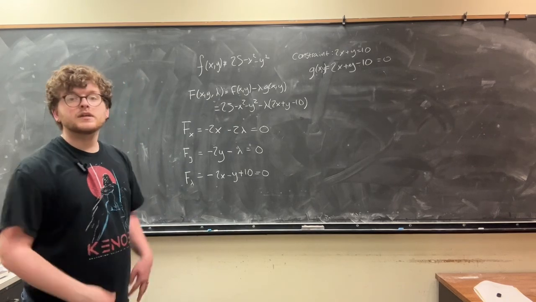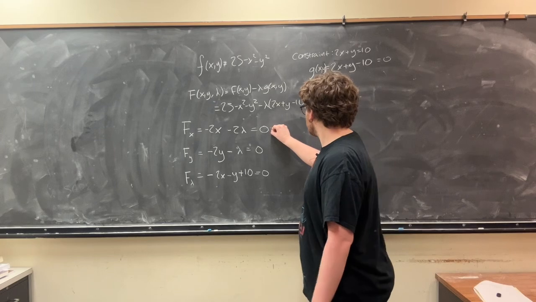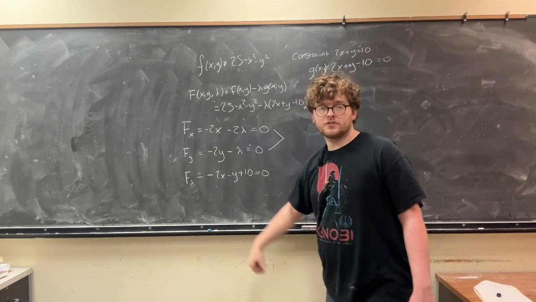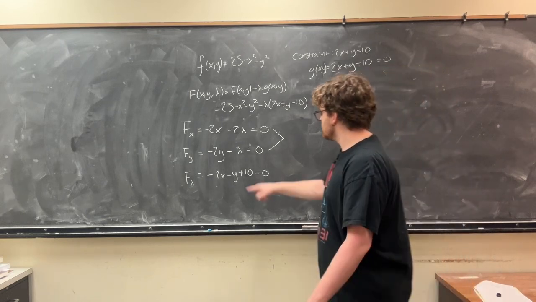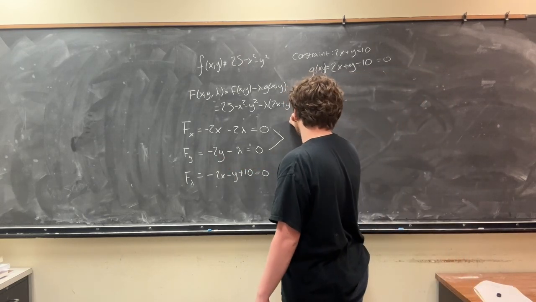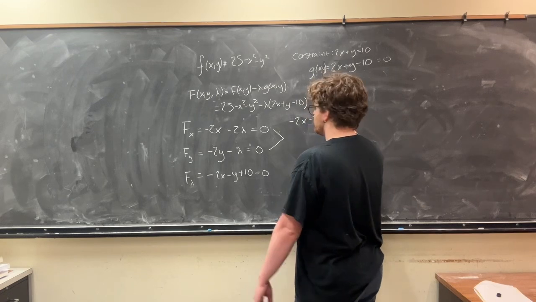Cool. Now to solve a system like this, the trick is to usually solve the first two, fx and fy, such that we eliminate lambda. So I can multiply this bottom by 2. That gives me minus 2x minus 2 lambda equals 0.